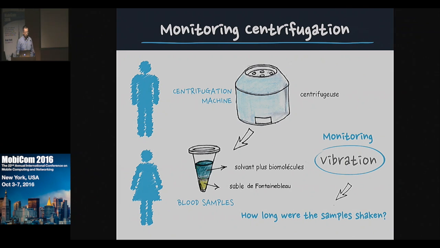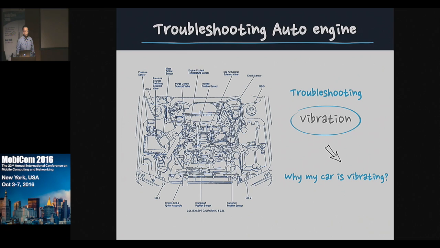Here, I give three examples. For example, centrifugation is a process that separates a mixture into different layers. It is a necessary phase before we do blood testing in the hospital, and it is also a difficult and tough task to manage thousands of blood testing samples in the hospital. And the most common and bothersome auto problem is vibration.